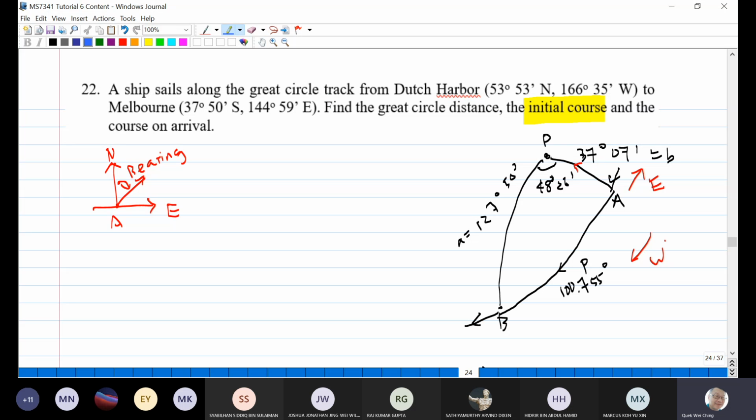It's measured from the north direction toward the east, and you find the initial course all the way to the direction of the ship's movement. So alpha here is the initial course.